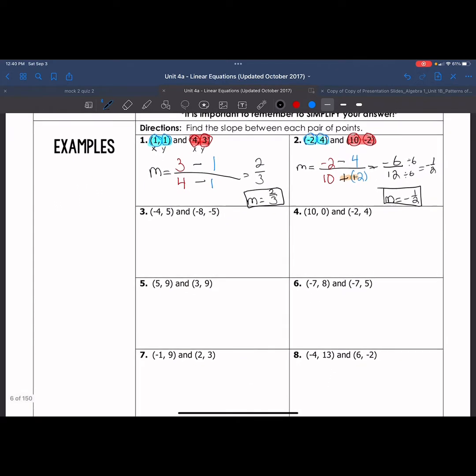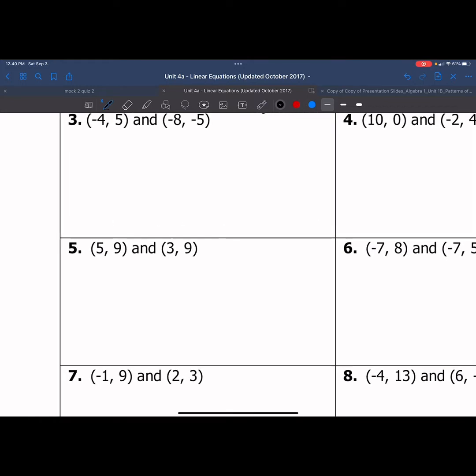I'm going to skip down to number 5 like I did in class. Same process. My first point is here. My second point is here.